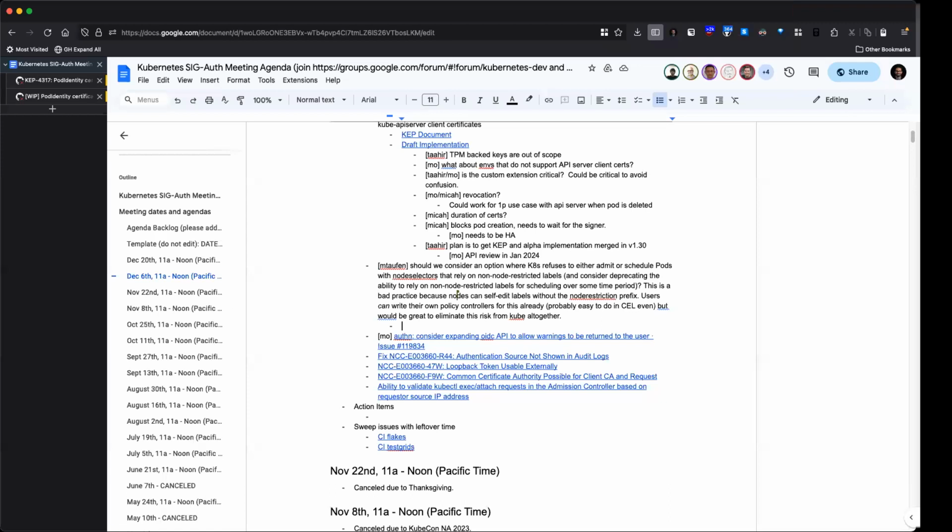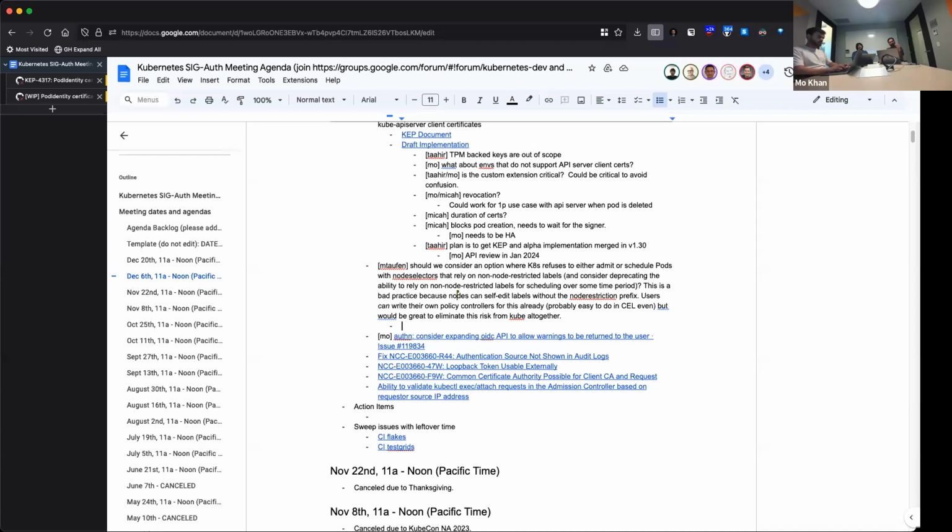Part of node restriction is that it has some restrictions on which labels a node is allowed to self-register with or self-update after registration. Those include most kubernetes.io labels, topology labels, and arbitrary user-provided labels that are prefixed with node-restriction.io or something like that.